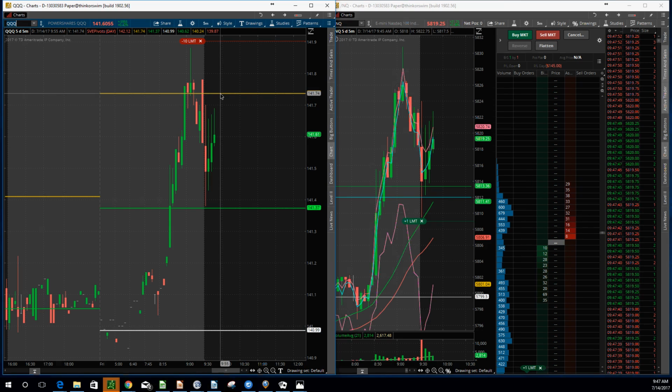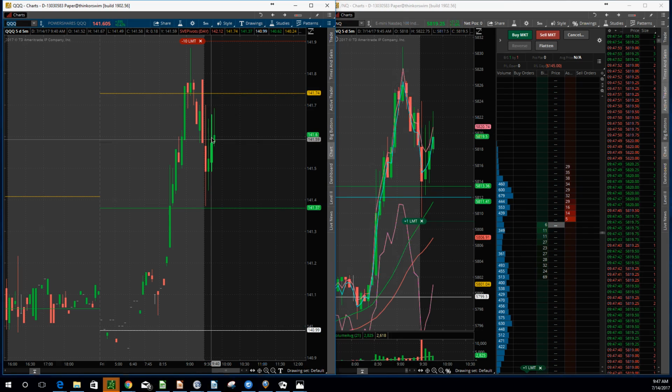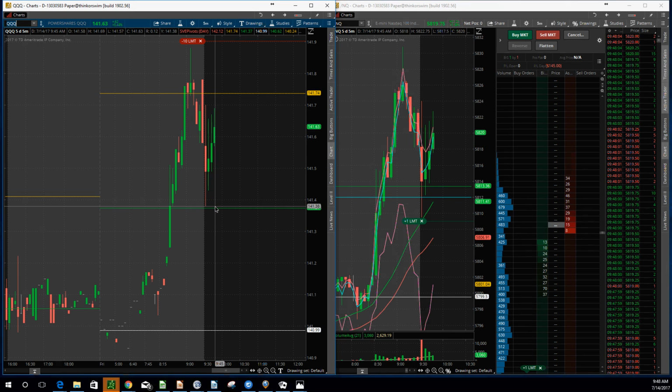I may take on an extra 10 contracts. And if I end up taking on an extra 10 contracts here, I would have to stop myself out right away. As soon as I see this thing turns red, we end up coming back down here testing this level, I would have to be out of that trade. So I don't want to do that at this time. I want to do it after I made some money, not just taking off some, but adding some for this trade to go even higher.